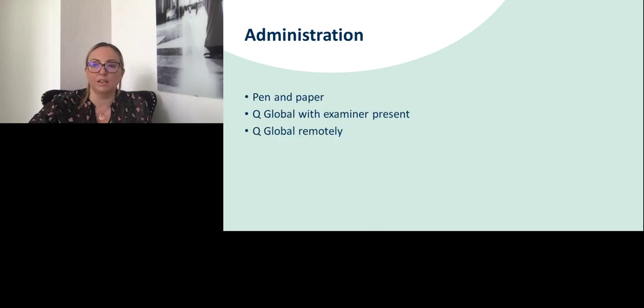So brief notes and administration then. As mentioned, you can do pen and paper. Typically, a lot of my work involves pen and paper because I work a lot in justice settings, so it's really important to me that that's available. But depending on your setting, you might choose to do this via Q Global. With Q Global, you can do this with the examiner present, so you can sit with the person while it's being administered.